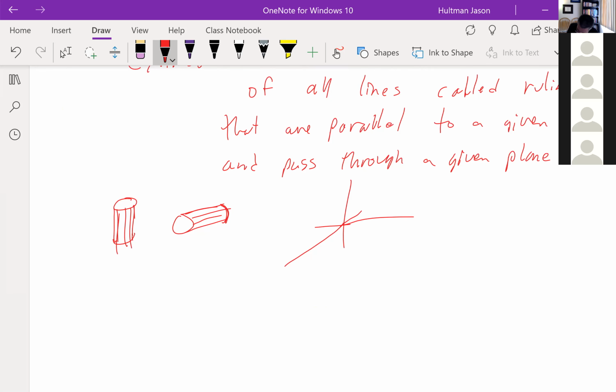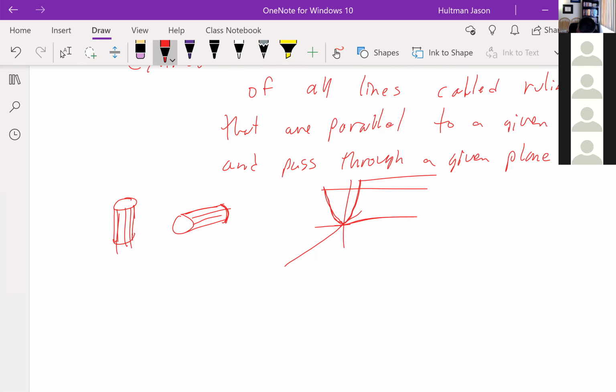We could have a parabola be a cylinder, as long as it's all going in the same direction.